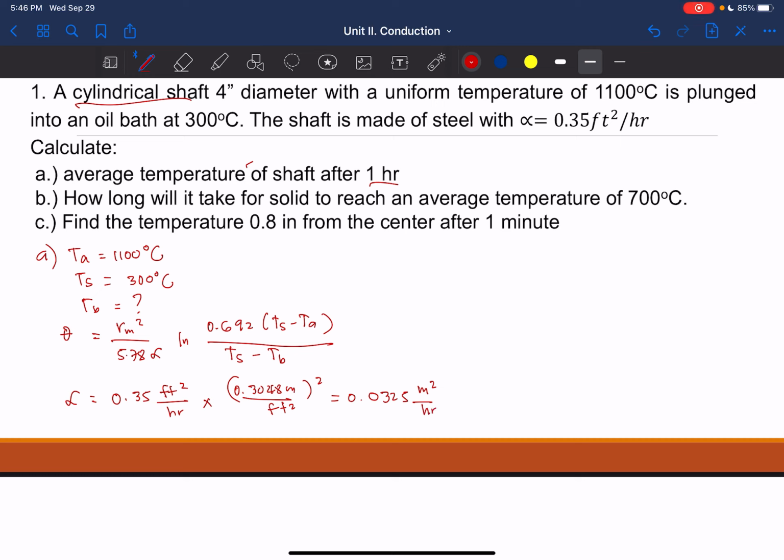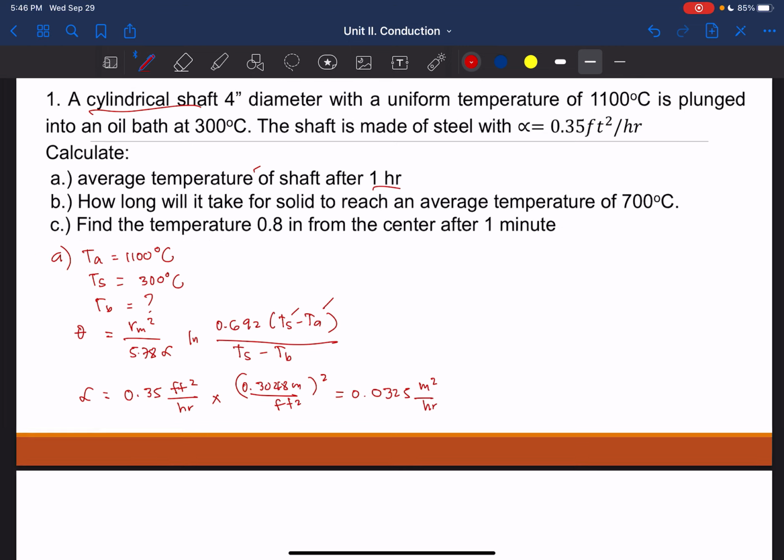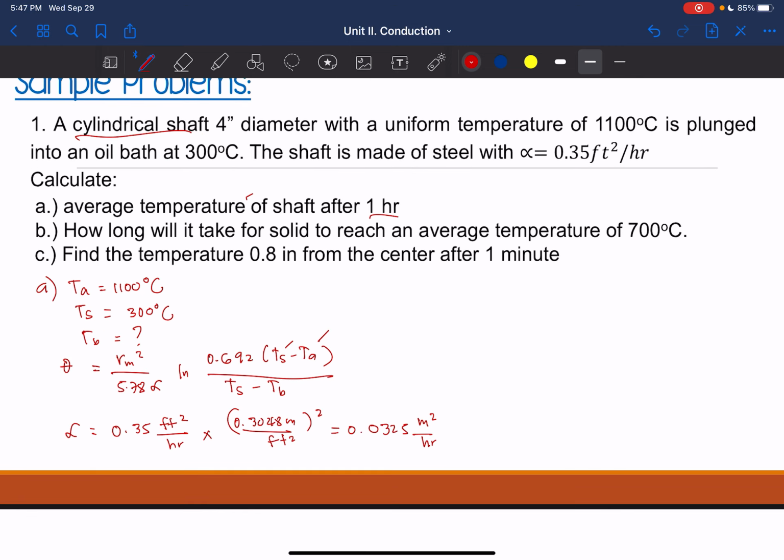So, get that alpha. You know Ts, you know Ta, your Rm, or the radius. And then, you know the time at 1 hour. So, all you need to do is plug it in the given equation.